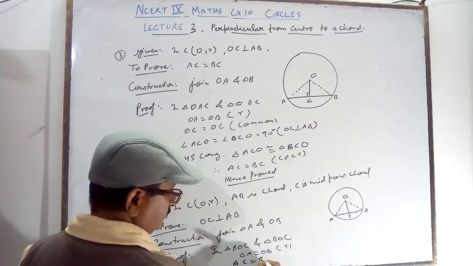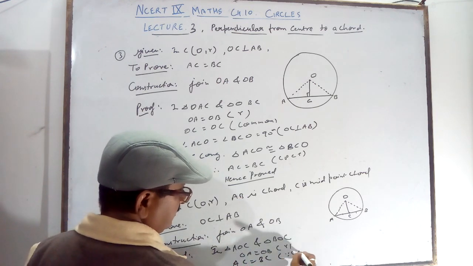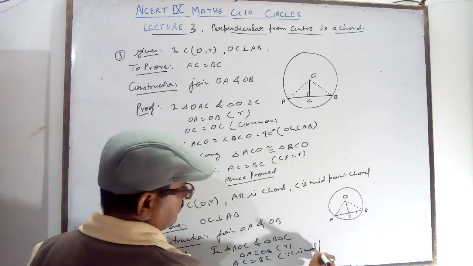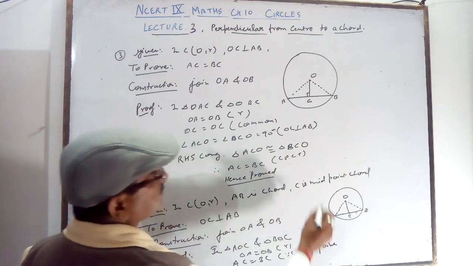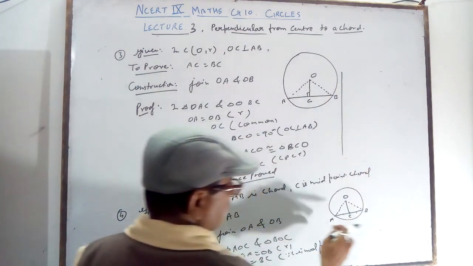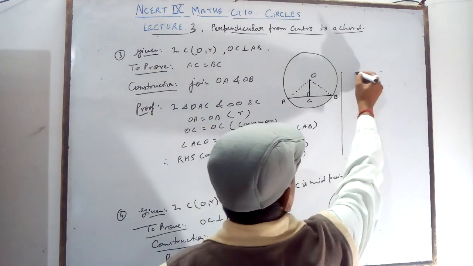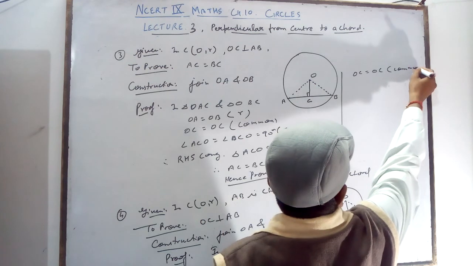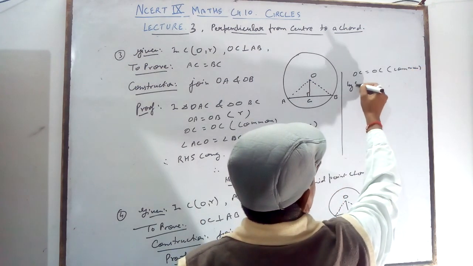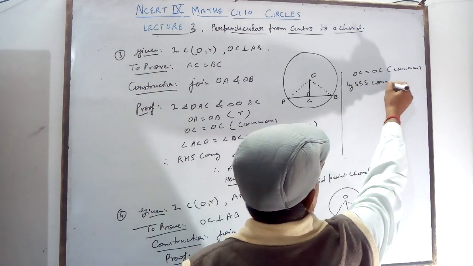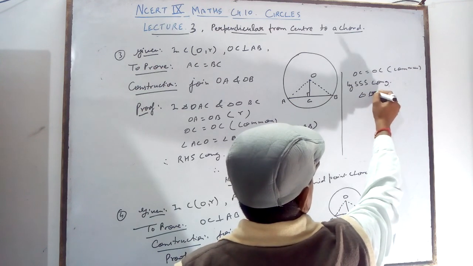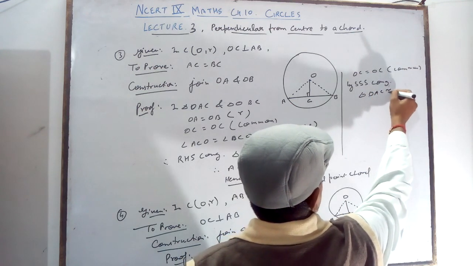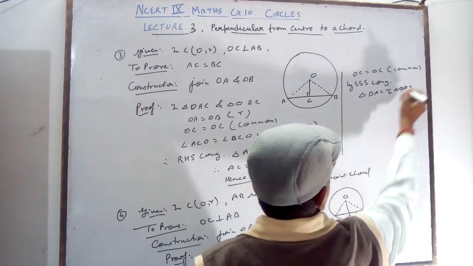AC is equal to BC because C is the midpoint. OC is equal to OC. Why? Common. So by SSS congruency, triangle OAC is congruent to triangle OBC.